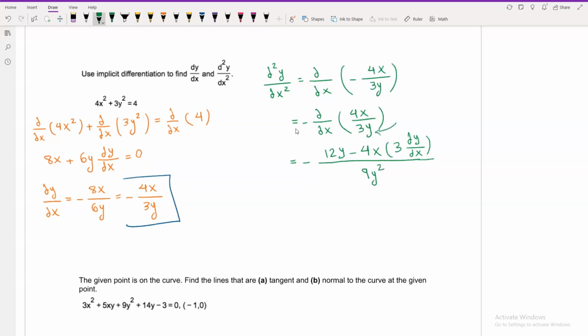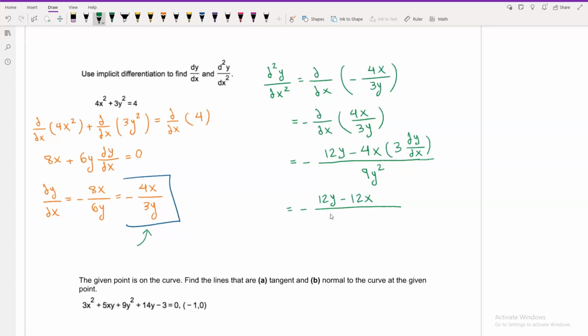Using what we had here on that part, it's 3y and power is 2, so it's 3 squared y squared, so that is 9y squared. And this is equal to negative 12y minus 4x times 3 is 12x, and instead of dy divided by dx, I'm using this one.